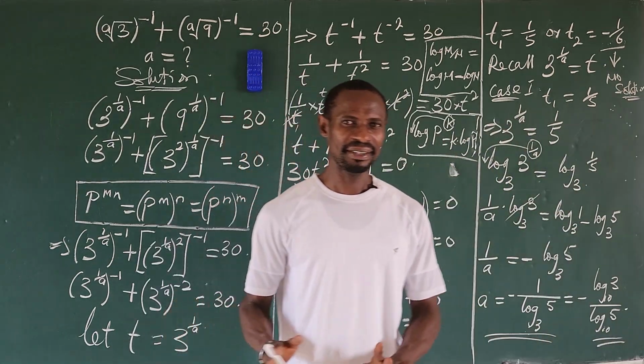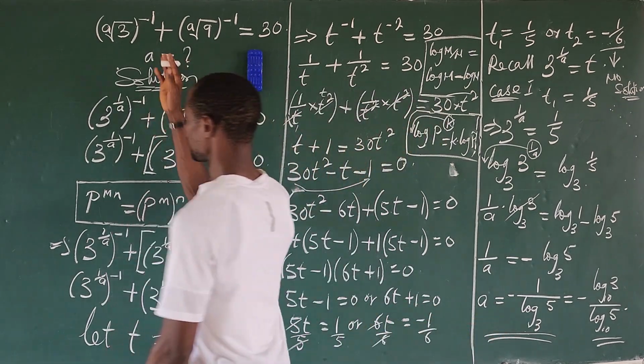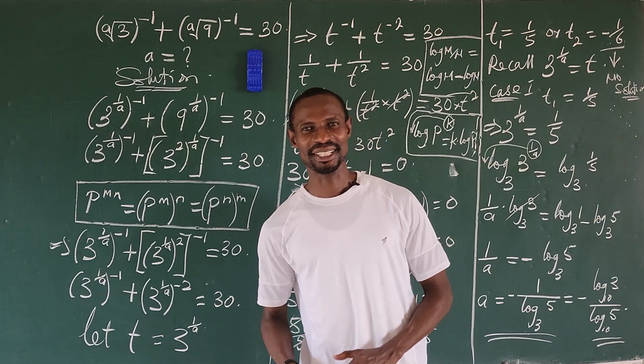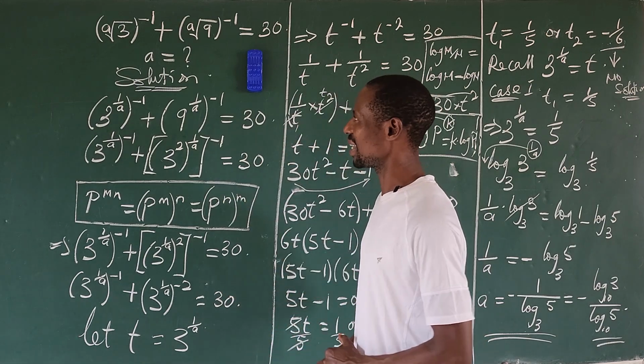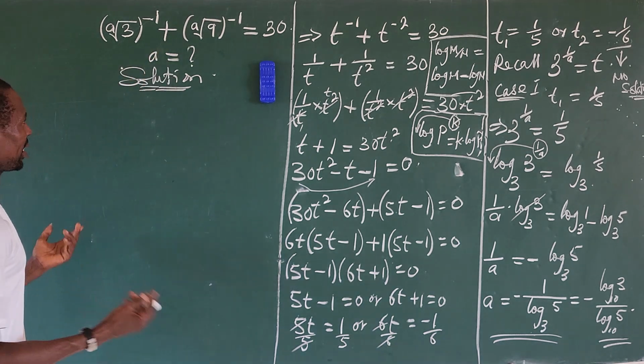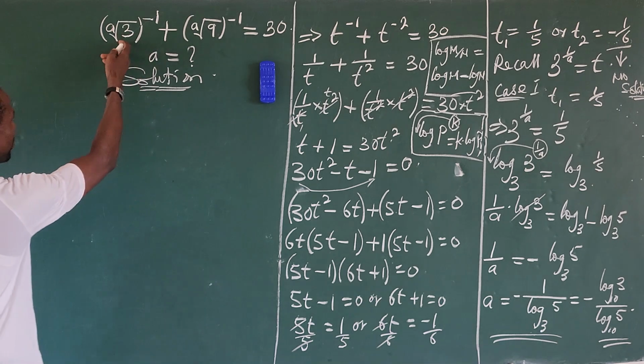Now, we can verify if the answer we got actually satisfies the original equation. So let's do a little verification. Let's take a look at our question here. We said we can rewrite this expression, right?